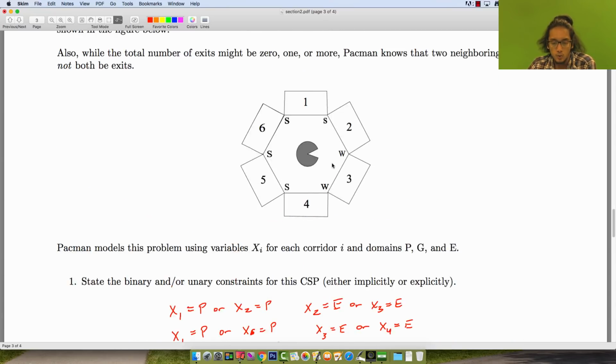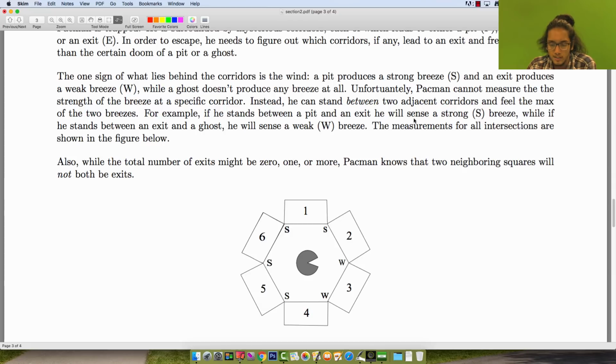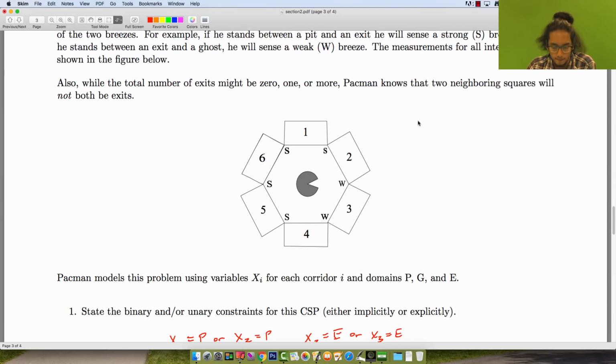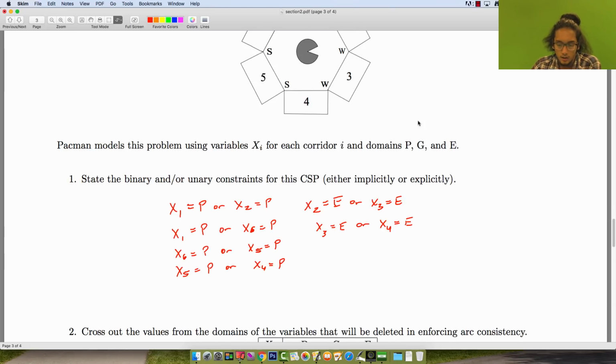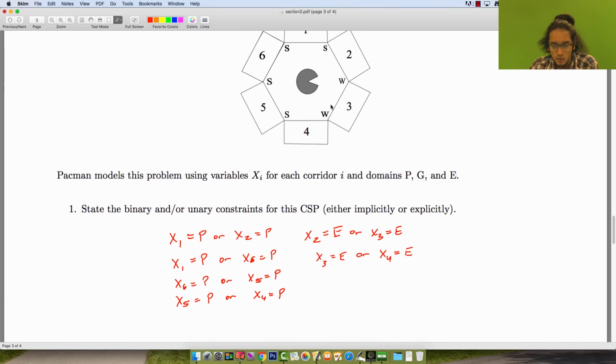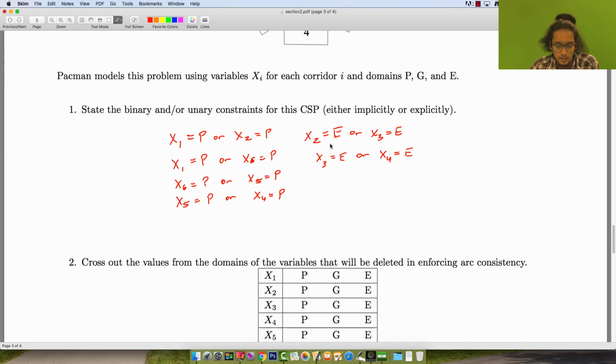Now, in addition, we also have some other constraints which are specified by the fact that we cannot have two exits side by side, right? So how can we write that? Well, that's going to be basically not just one binary constraint, but a bunch of binary constraints, and we can write that using a concise notation.